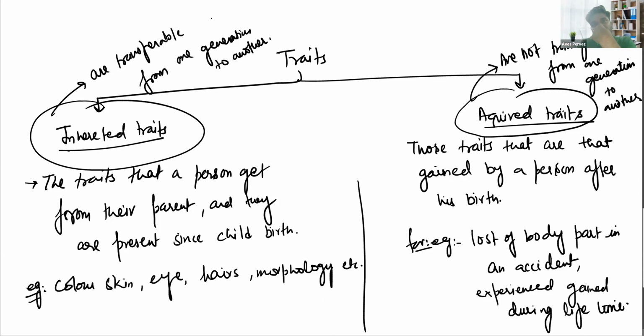If he keeps on cutting the tails for 20 or 25 generations, will the rats start getting smaller tails, or will the tail vanish? If one rat is born, you cut its tail, it grows bigger and gives birth to the next one, and again you cut their tails. So do you think that after the 20th generation the tails of the rats will vanish or will be smaller in size in comparison to others?